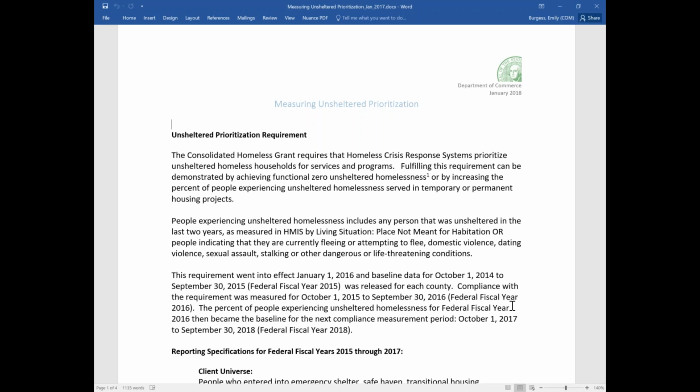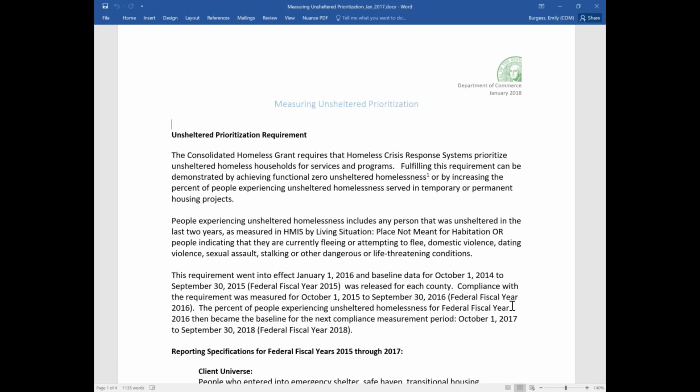So we actually redid all of the unsheltered results for the 3 years that we've been looking at this. With access to the larger data set and the better matching, we were better able to find people with a history of unsheltered homelessness.